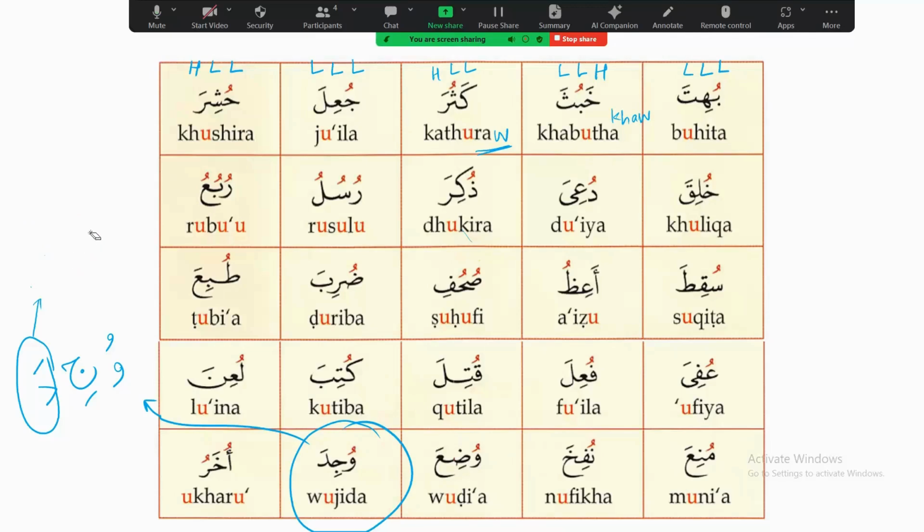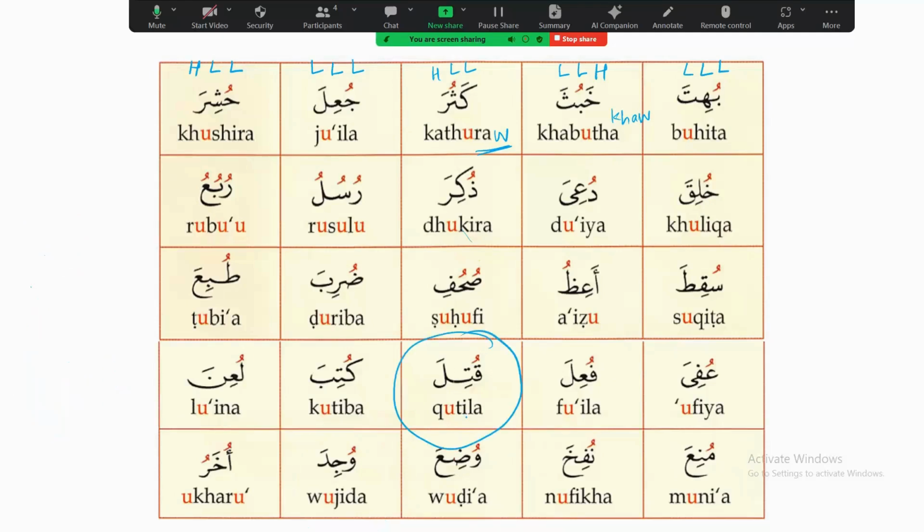Yes, right, the second sound you make was actually good. Wujida. Okay, what is this, sisters? Utila. Very well done, sister.